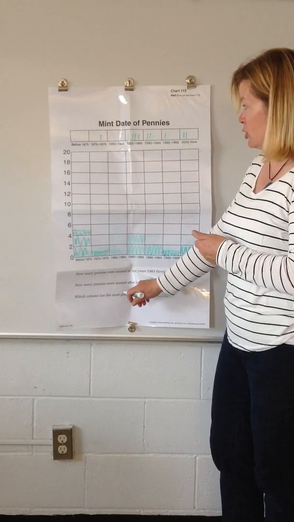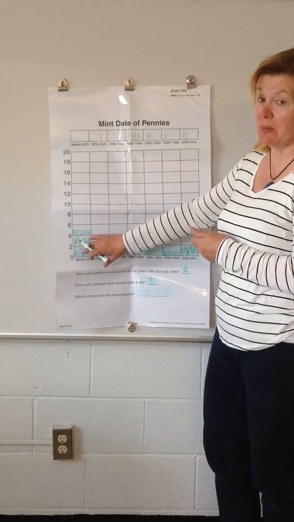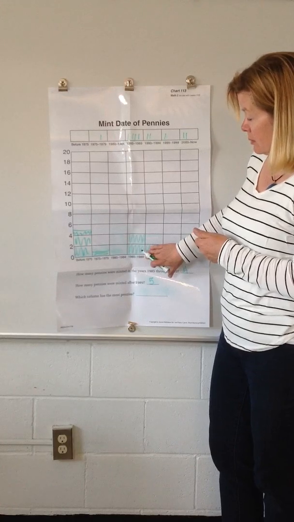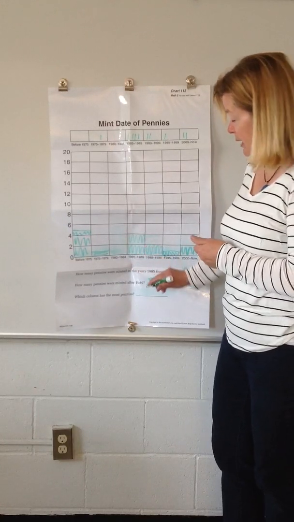Which column has the most pennies? I'm not going to use this column because remember that was my made up number. So I'm going to use this column. I need to write the dates, 1985 to 1989.